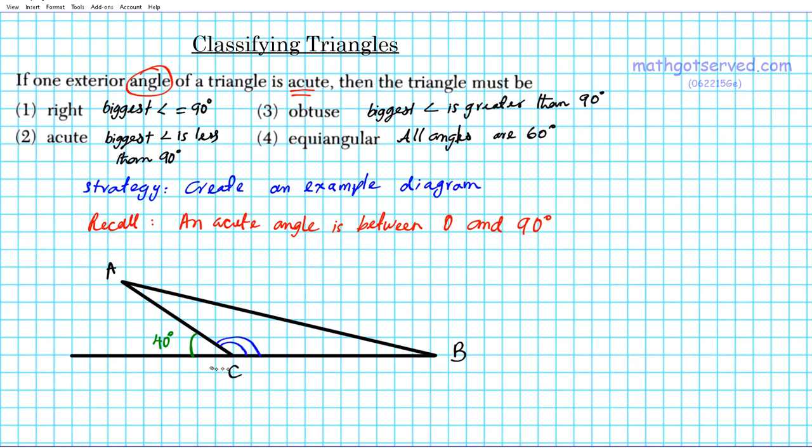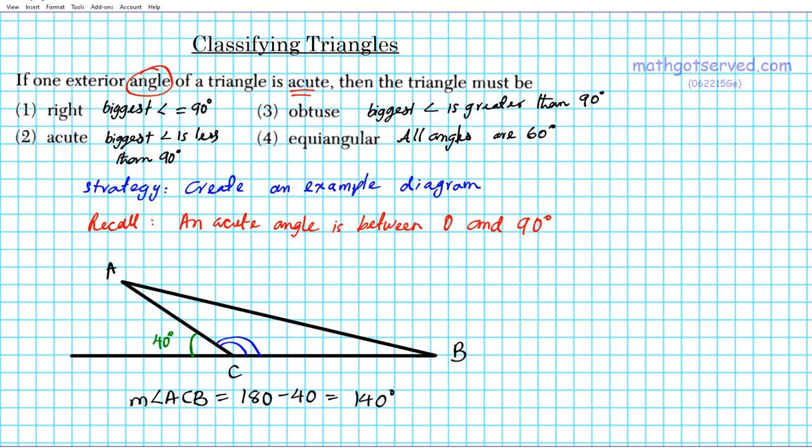Using the linear pair postulate, we know that a linear pair adds up to 180 degrees, right? So the measure of angle ACB is going to be 180 minus 40, which is 140 degrees.